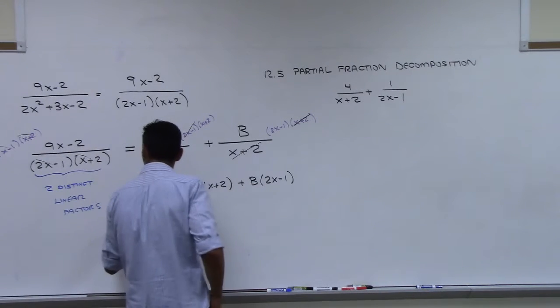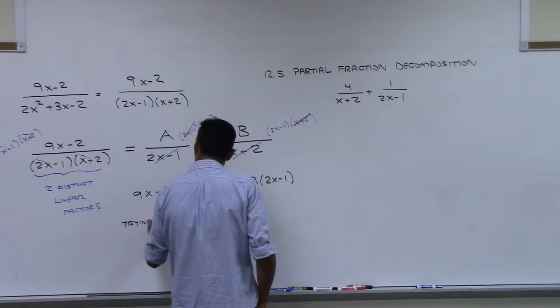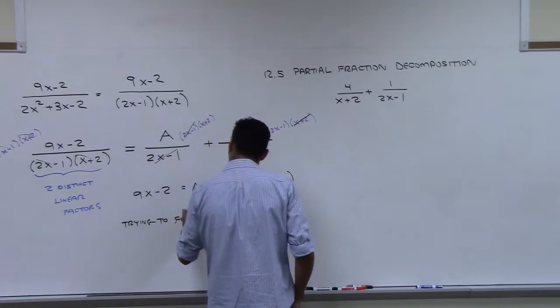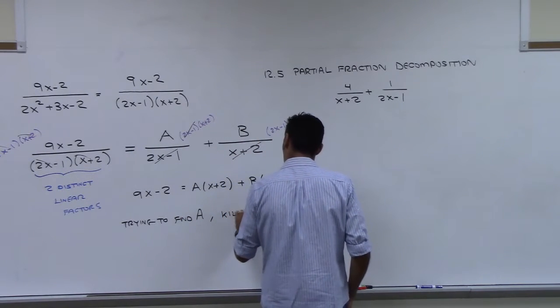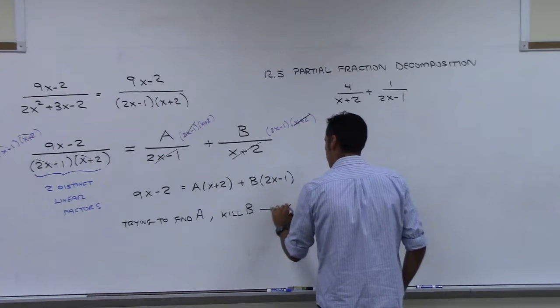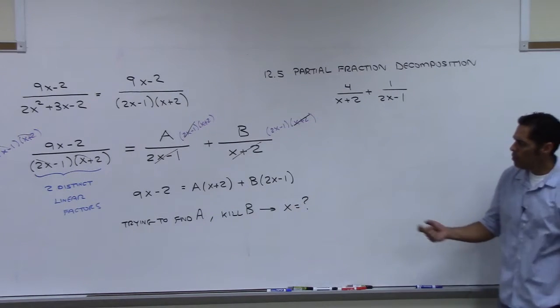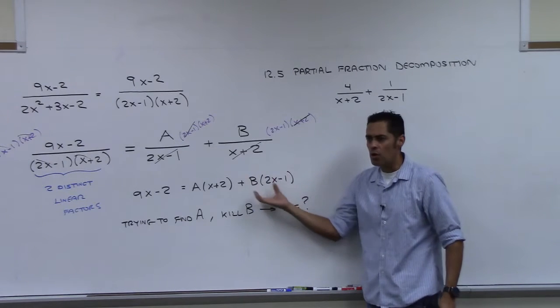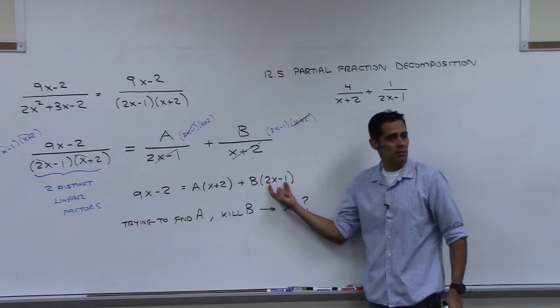So I'm trying to find a, so I'm going to kill b. So I'm going to have to let x be something to make that happen. So what would make b, this whole term, go away? Well, can you make this factor right here 0? How? By making x equal to 1/2.